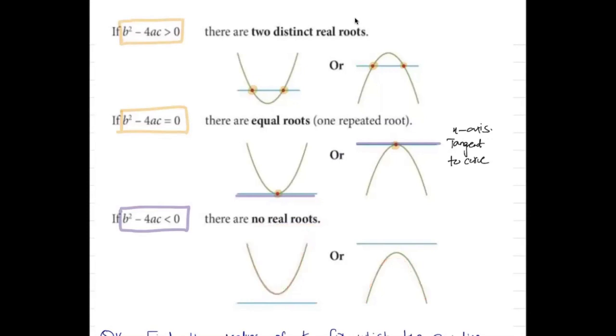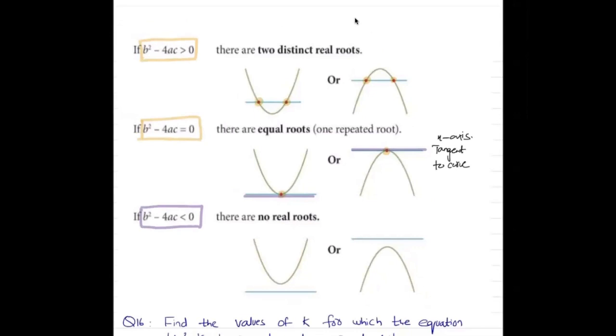So if it's a minimum curve and the minimum point lies above the x-axis, then the entire graph is going to lie above the x-axis. If it is a maximum curve and the maximum point lies below the x-axis, then the entire graph is going to lie below the x-axis. So there is no intersection between the curve and the x-axis. So there are no roots. Okay, is this thing clear?